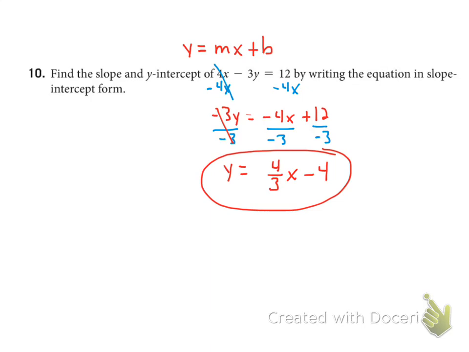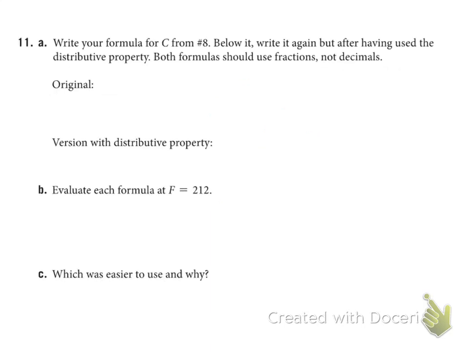Number 11. Write your formula for C from number 8. Below it, write it again, but after having used the distributive property. Both formulas should use fractions, not decimals. So the original one, we had C is equal to 5/9 times F minus 32. Now they want us to distribute that 5/9.